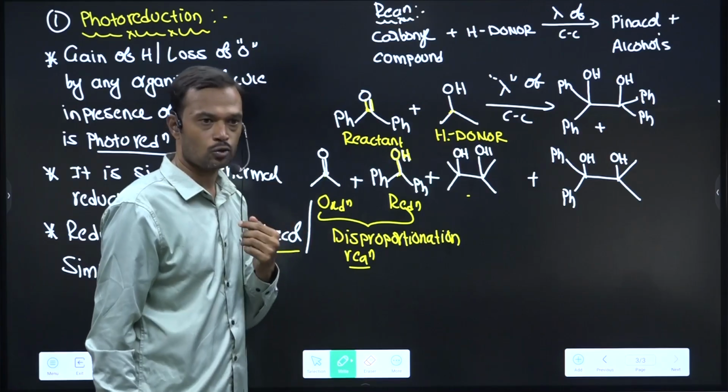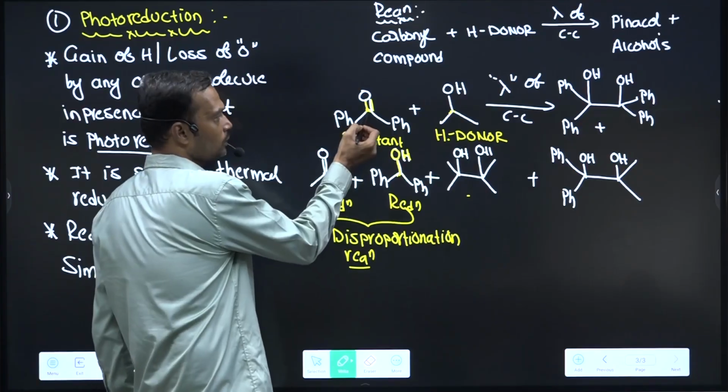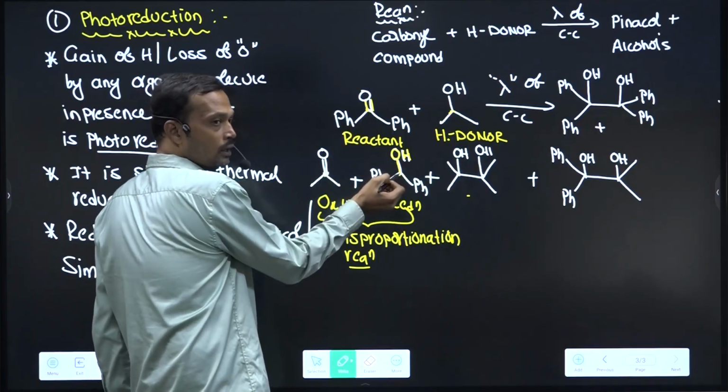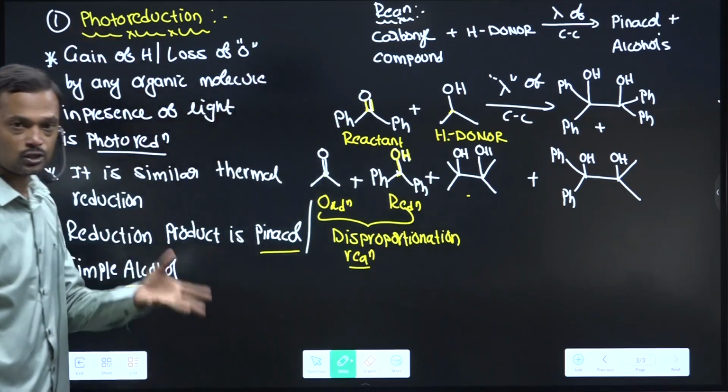So we don't want hydrogen donor. Our target is what? Carbonyl compound or not? Our target is carbonyl compound. Carbonyl compound undergoing reduction. That's why it is called photoreduction. Our target is not hydrogen donor.